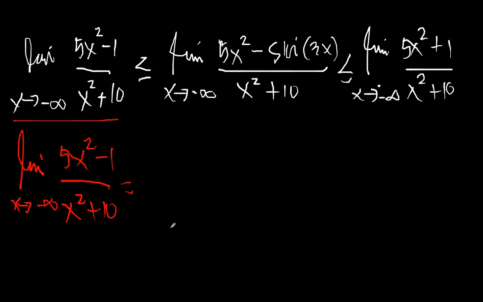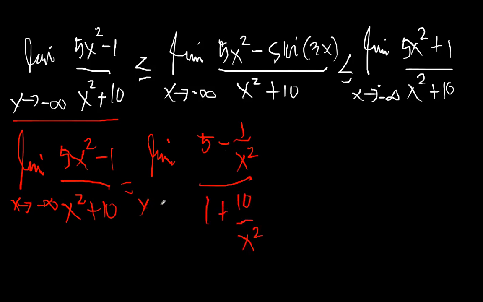Now again, since the powers of the variable x are equal, we know how to deal with them. We can divide both numerator and denominator by x squared. So this becomes 5 minus 1 over x squared all over 1 plus 10 over x squared as x approaches negative infinity.